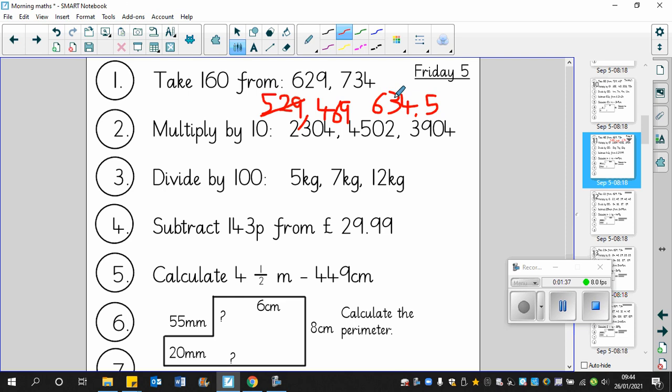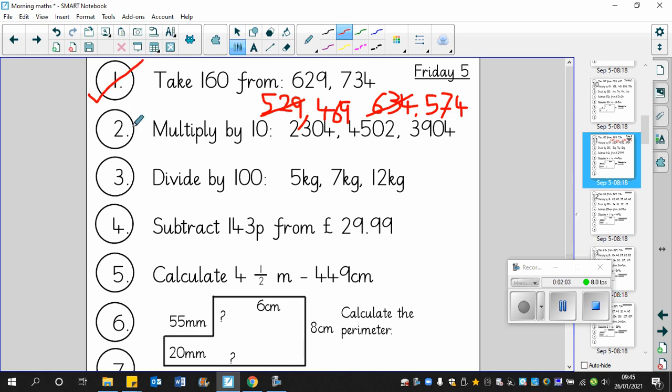The 3, imagine that's 13, so 13 take away 6 is 7, so it's going to be 570. Once again, don't forget the ones don't change, so therefore we call that a 4, and we cross that off. So 734 take away 160 is 574. Okay, we're going. Question number 1, let's put a little tick, yes.